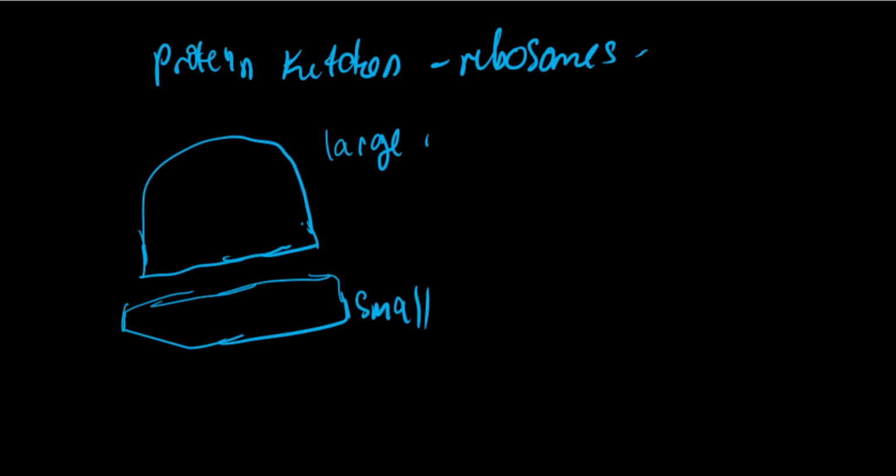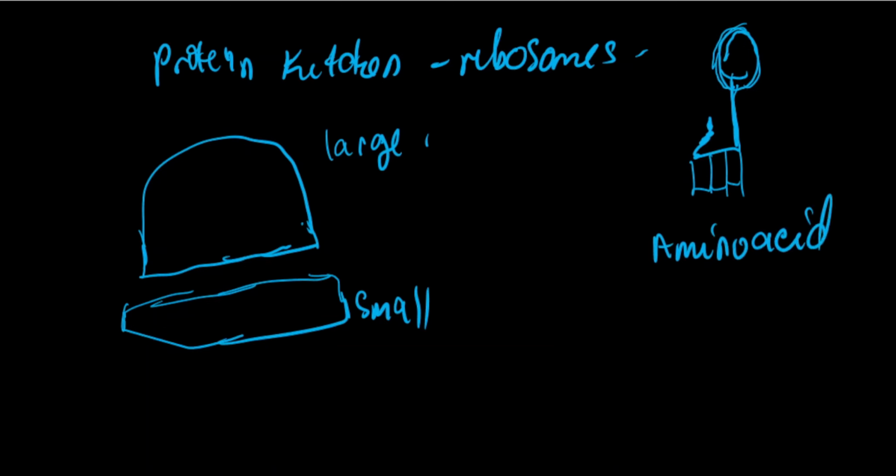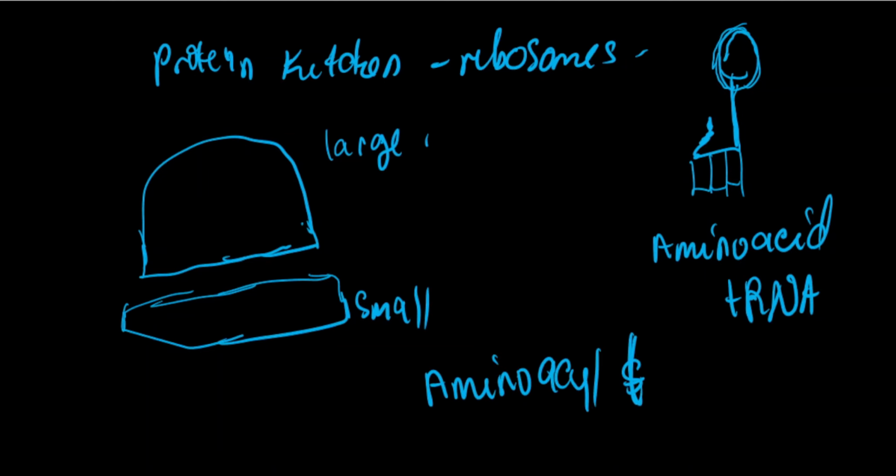Now, earlier on I stated that the transfer RNA is this L-shaped molecule and it contains the anticodon on one side and then the amino acid for that codon on the other side. What controls the attachment of the amino acid to the tRNA is an enzyme called the aminoacyl tRNA synthetase.